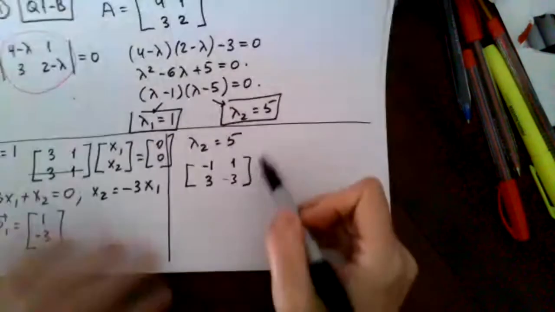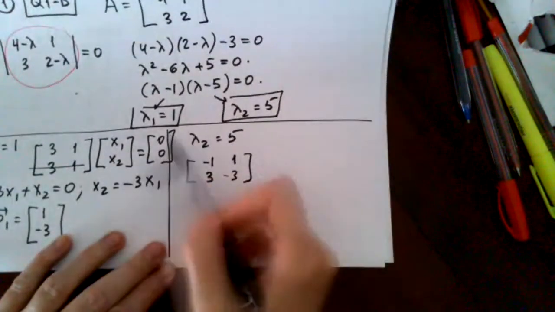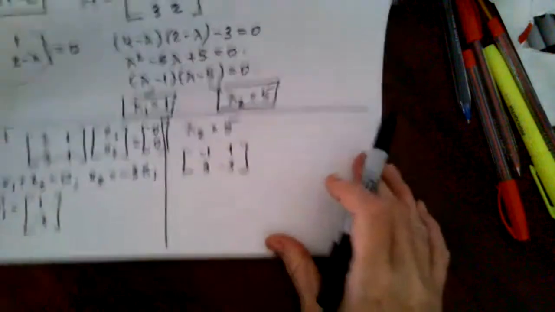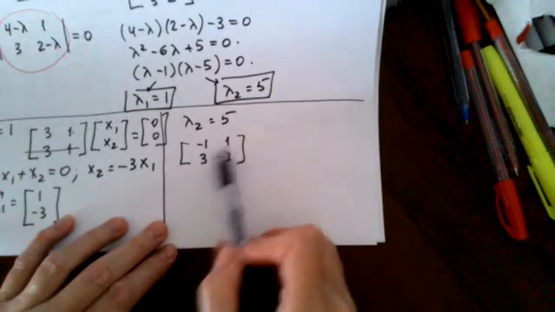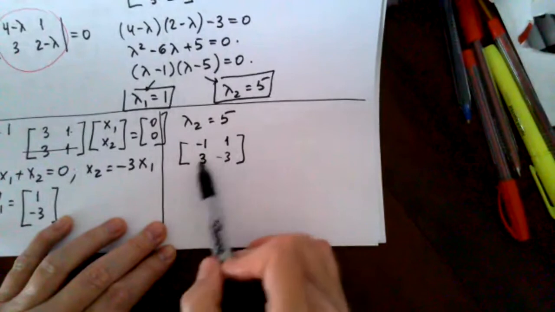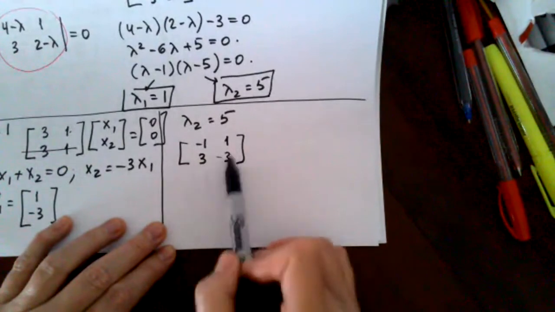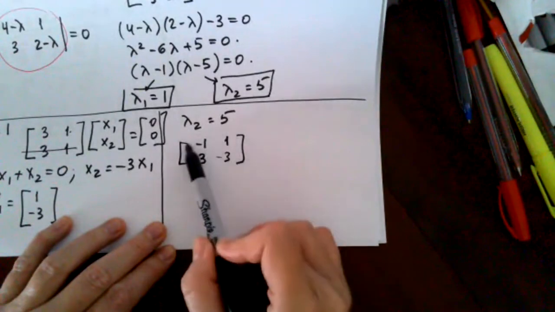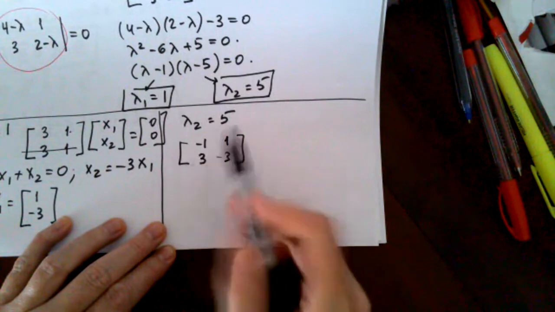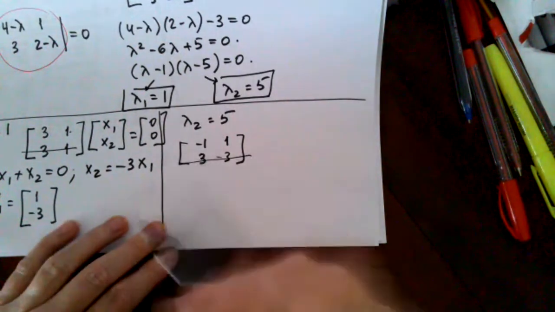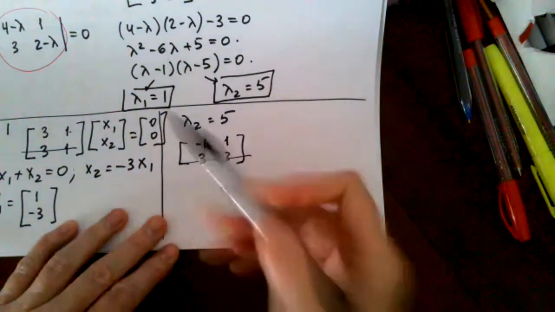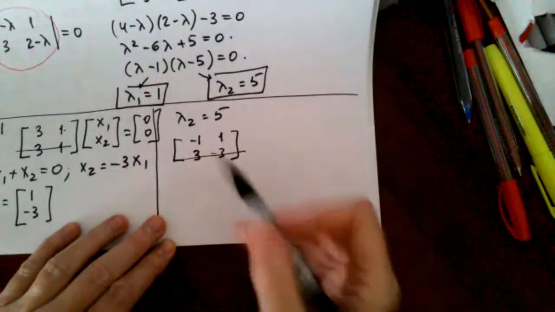I'm not even going to write this times x1 like here. I'm becoming lazy. So let's discuss this matrix immediately. As you can see quite explicitly, these two rows are proportional. So the second row could be obtained from the first one by multiplying by what? By minus 3. So it means that it's redundant, and this is a good sign. It means that your lambda equal to 5 is absolutely correct.